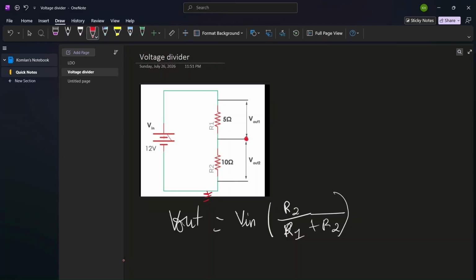Ground is just a reference point. So there's 12 volt, and this 12 volt has to be distributed across all these resistors. It has to. So that means from this point to this point, 12 volt has been dropped across these two resistors, right? Okay, great.